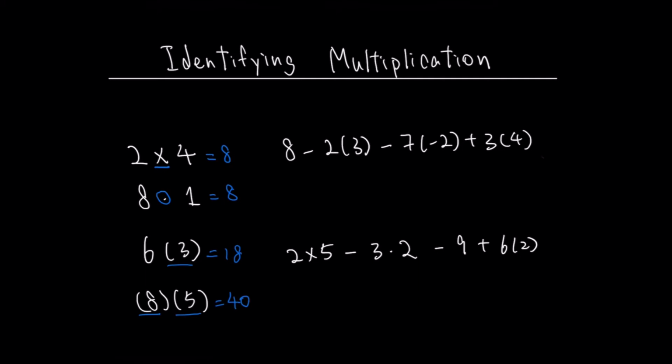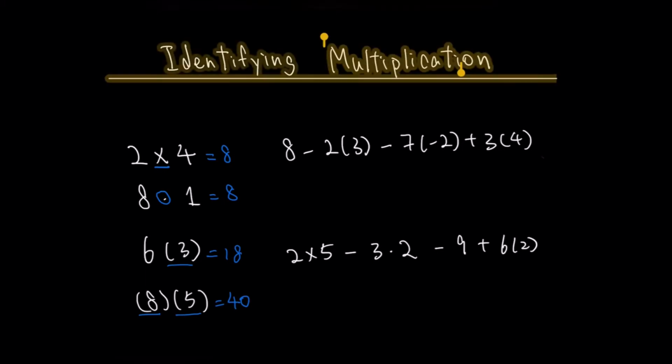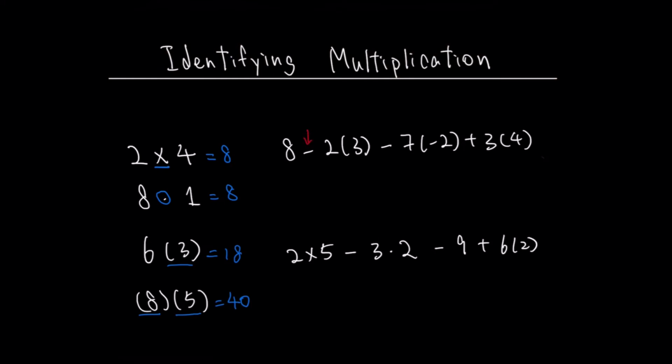So here, we have 8 minus, we have a subtraction sign, and then 2 times 3, so we know there is a multiplication. Then we have a subtraction sign, then we have a 7 times negative 2. This is also a multiplication.